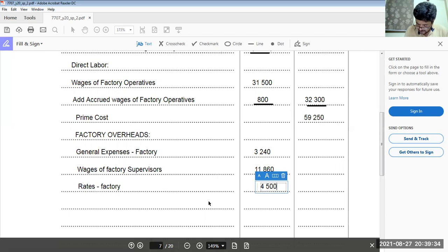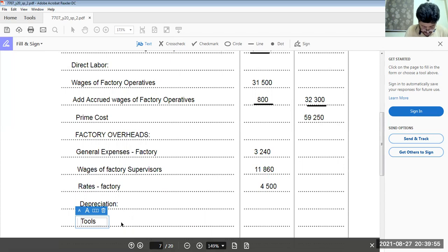Now we have depreciation. We'll write depreciation as a heading because we have to take two depreciations. Number one, tools. It's very simple.